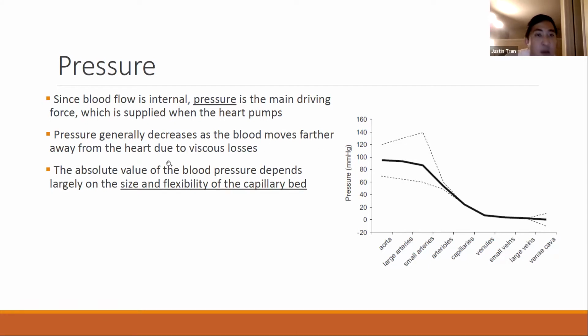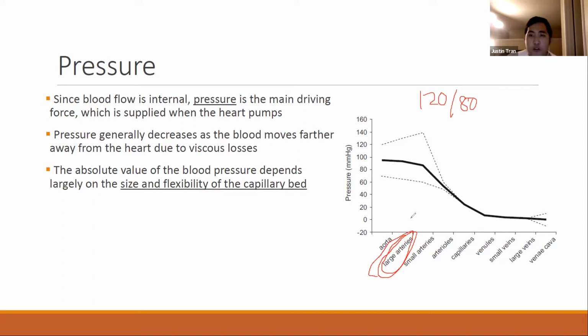Yeah. All right. And so the absolute value of the blood pressure depends actually on the size and flexibility of the capillary bed. Okay, and so if you remember from earlier, right? What we said was usually people's blood pressure is measured as 120/80. Okay, and usually that blood pressure is measured somewhere in the large arteries, right?